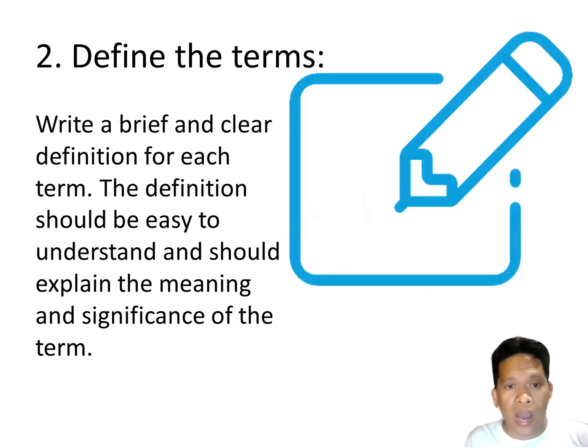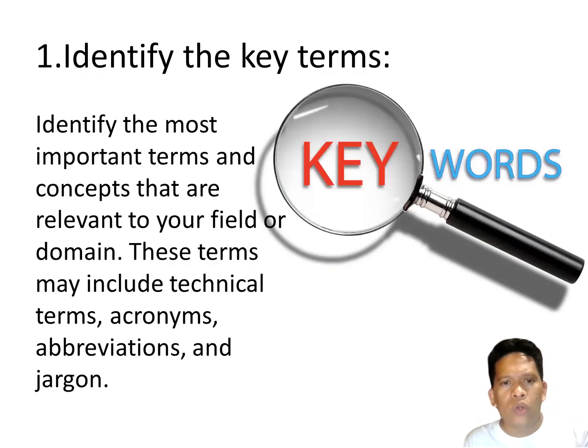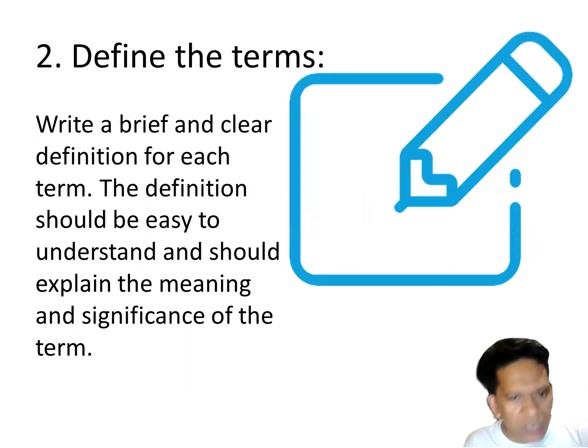Number two, define the terms. Write a brief and clear definition for each term. The definition should be easy to understand and should explain the meaning and significance of the terms. After you're done with identifying the key terms, you go into defining the terms.